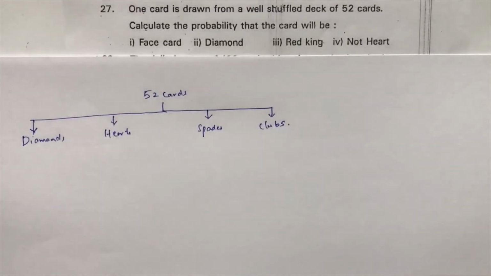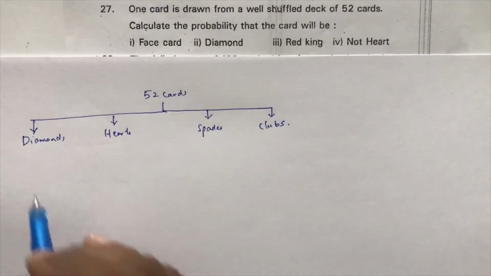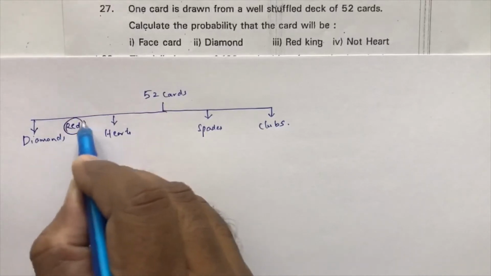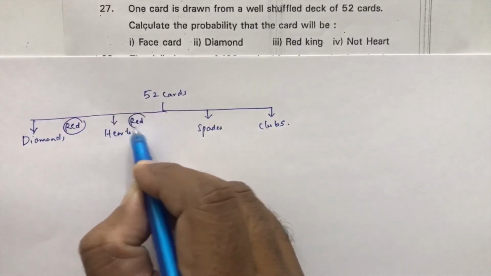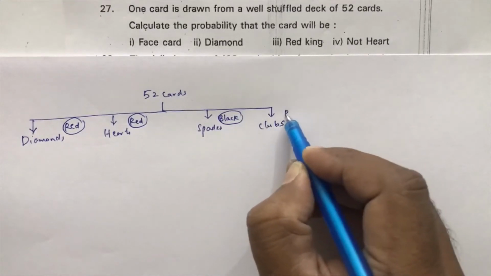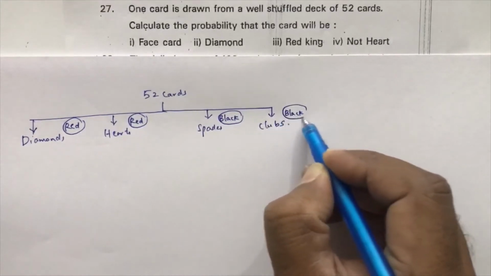Diamonds and hearts are red in color, and spades and clubs are black in color.